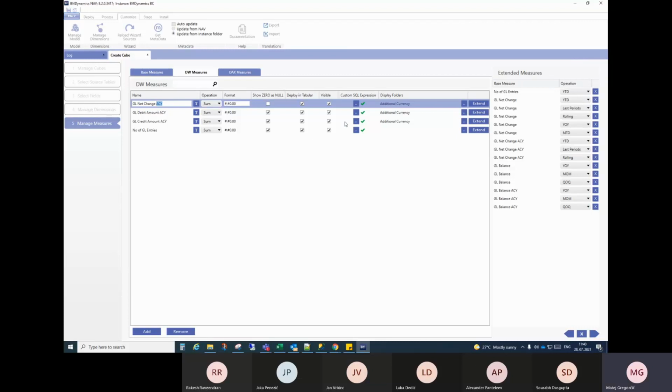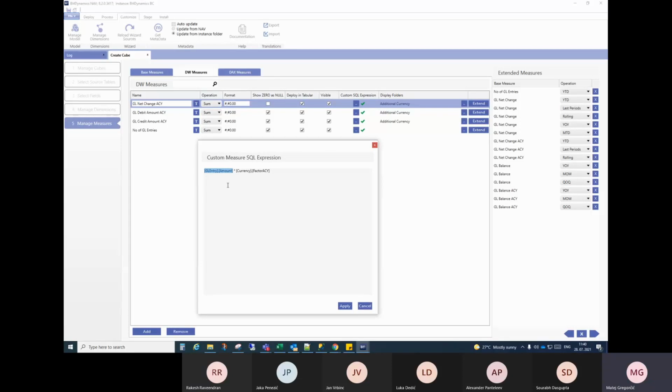So I'll open the custom SQL expression. So this is simple. We will take a GL entry amount, which is a base measure or just a field on the table, and we will multiply it with the currency factor. And this will effectively create a new measure with these properties. And this will be a GL entry amount shown in additional currency.